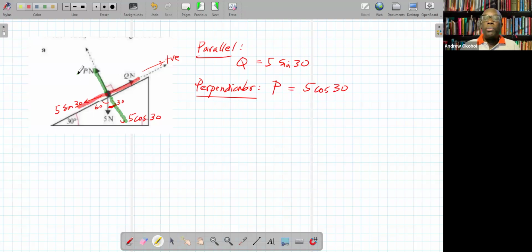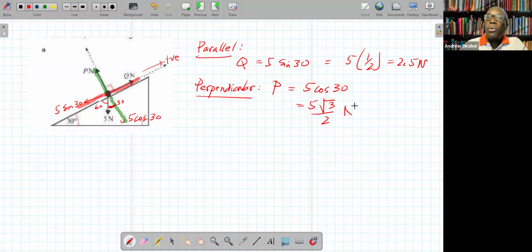And this particle is not moving, so they must be equal. Now, if you remember, sine 30 is actually a half, so 5 times a half will give me 2.5. Cos 30 is root 3 over 2, so this is 5 times root 3 over 2. I take it they're all newtons, so those are our answers, and that's as simple as it is.